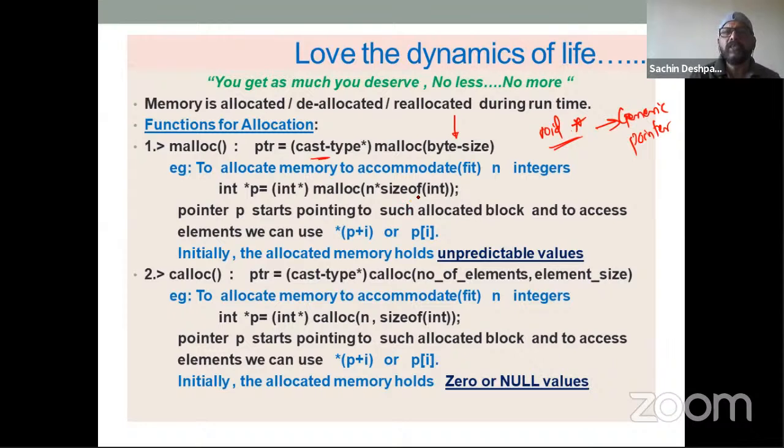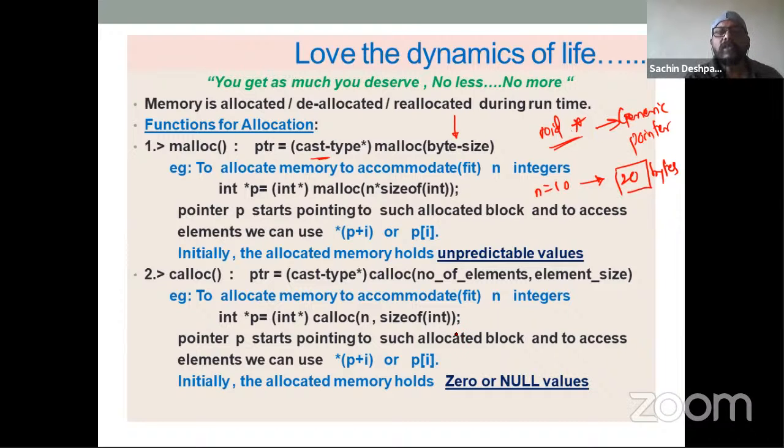So if an integer consumes 2 bytes, and if n is equal to 10, to accommodate 10 integers we want a chunk of 20 bytes. On a platform where the integer consumes 4 bytes, obviously it should be 40 bytes.